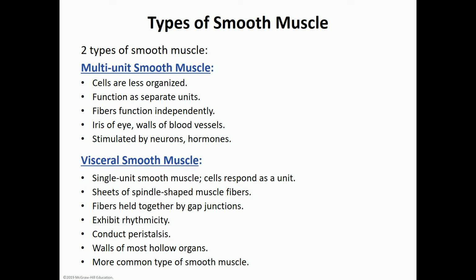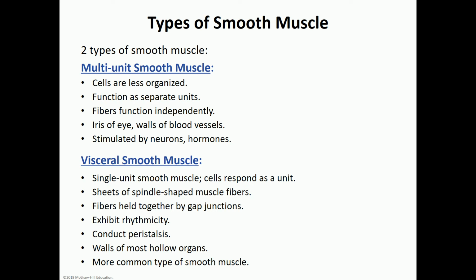We'll take the small intestine as a good example of that, where the muscle fibers have to work together and in sync so that one part is contracted and another part is relaxed, and that gives you that wave movement in order to push the contents through the digestive system.